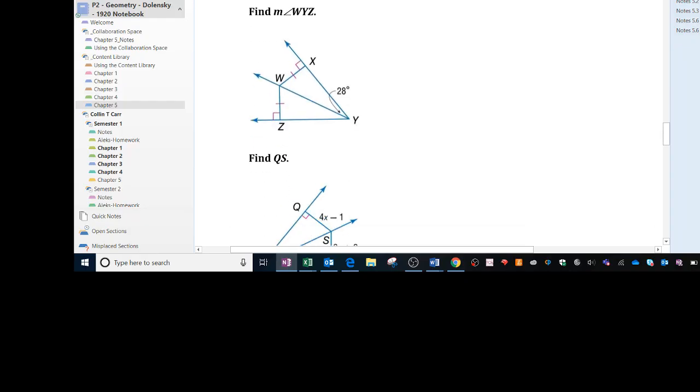Over here, find the measure of angle WYZ. That's going to be 28. Again, because your point is inside the angle and it's perpendicular, it's a bisector.